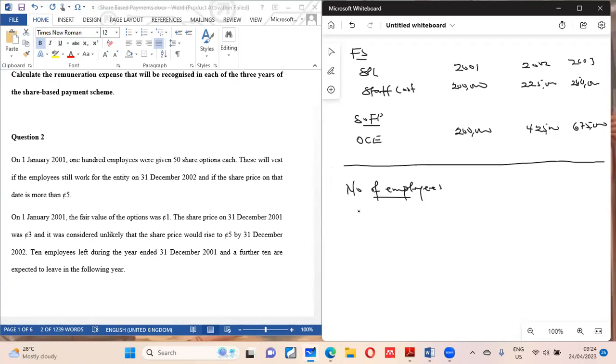Sir, I think it is 90 because the question is asking for 2001. Okay. Because it says 10 employees left during the year ended 2001. So if it's asking us to compute for 2001, it will just be the 100 minus the 10 people that left in 2001 and not adding the further ones.